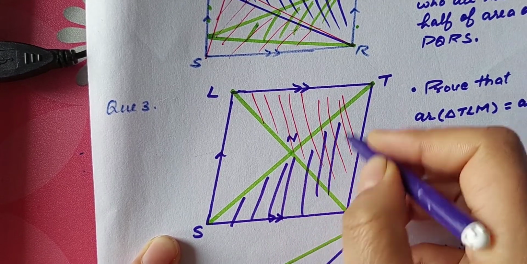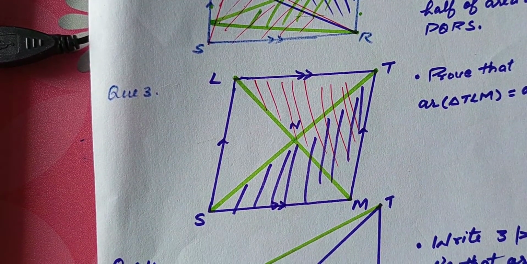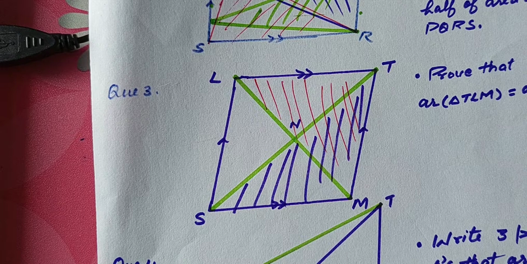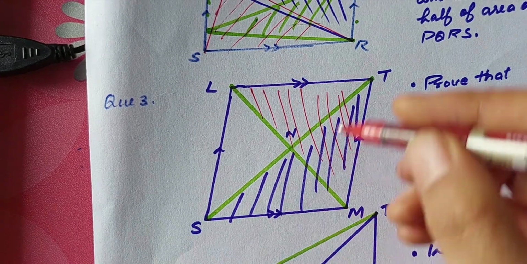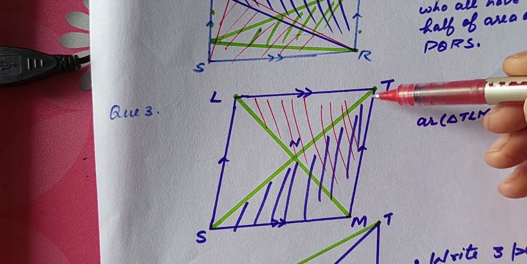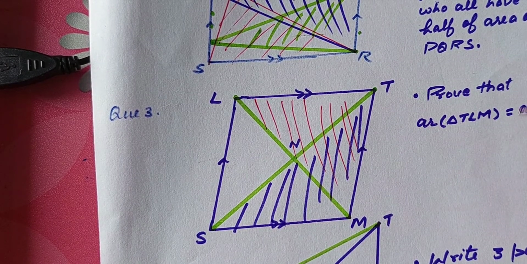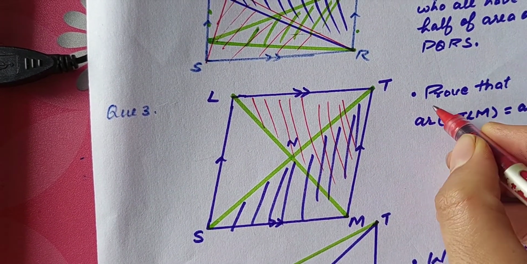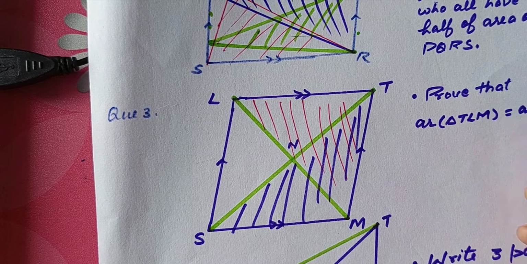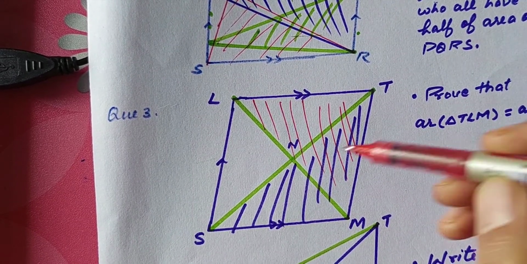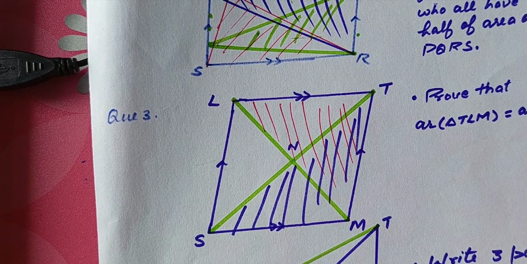So you must shade them. These two triangles, do they have the same area? Can you prove it? It can be very easily proved, no? This is a bit easier question, but here I have written to prove that, so you have to go into every detail to prove the area to be the same.